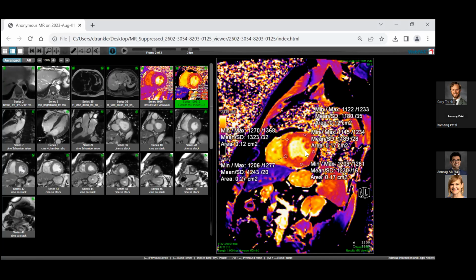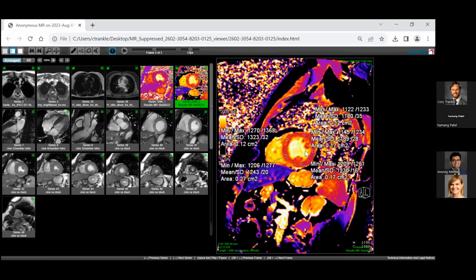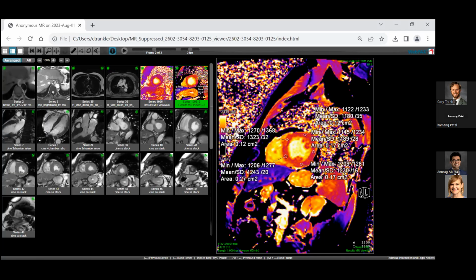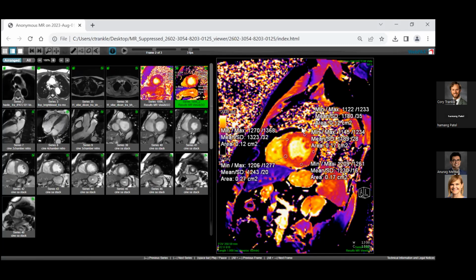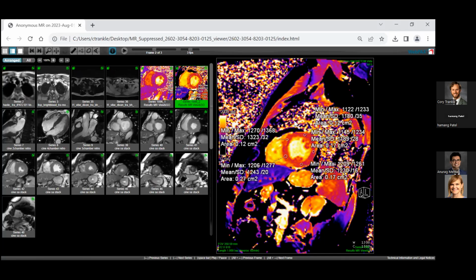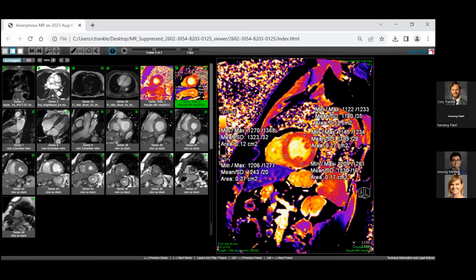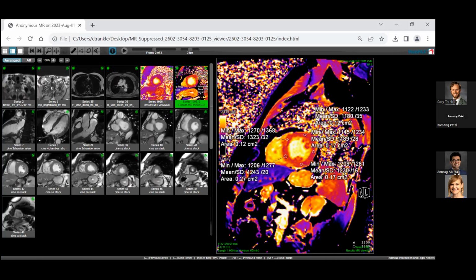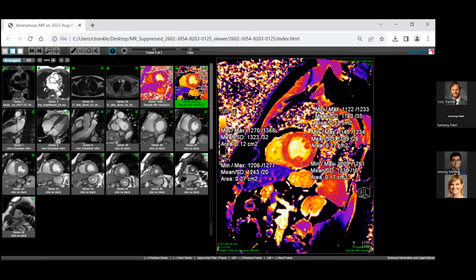Now, one more thing I want to point out. For those of you that are online, I want you to look at your screen, and Dr. Tranquil is pointing up here in the lungs. When you have a lot of noise, you get a random display up here, where you see the air in the lungs, the air outside the body.